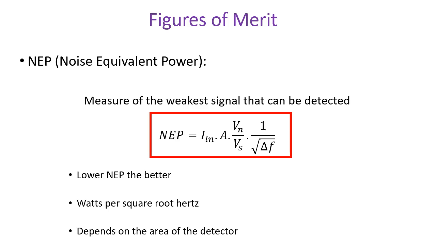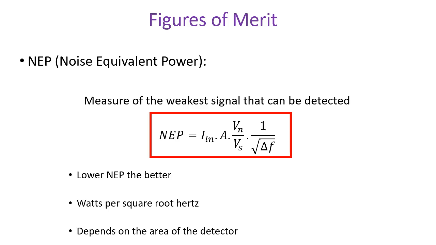A lower noise equivalent power means greater sensitivity of your detector, right? Now, this noise equivalent power is essentially given in terms of watts per square root hertz.